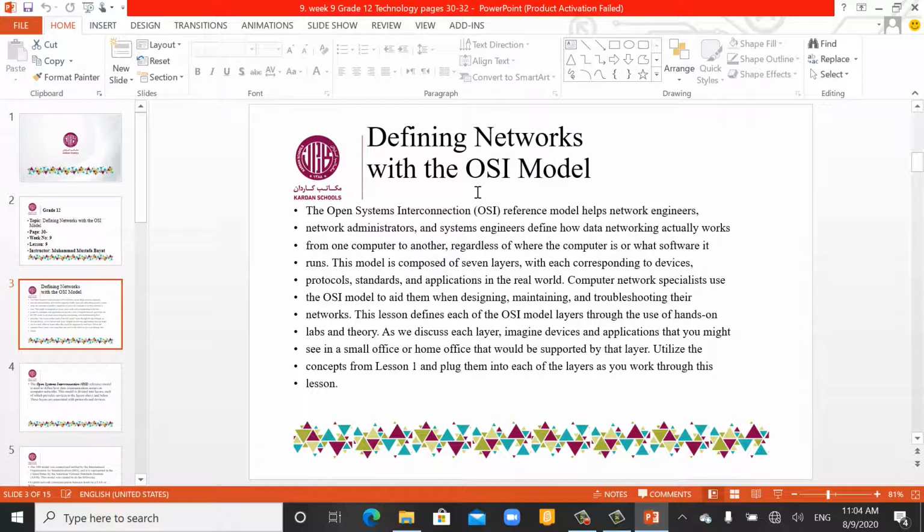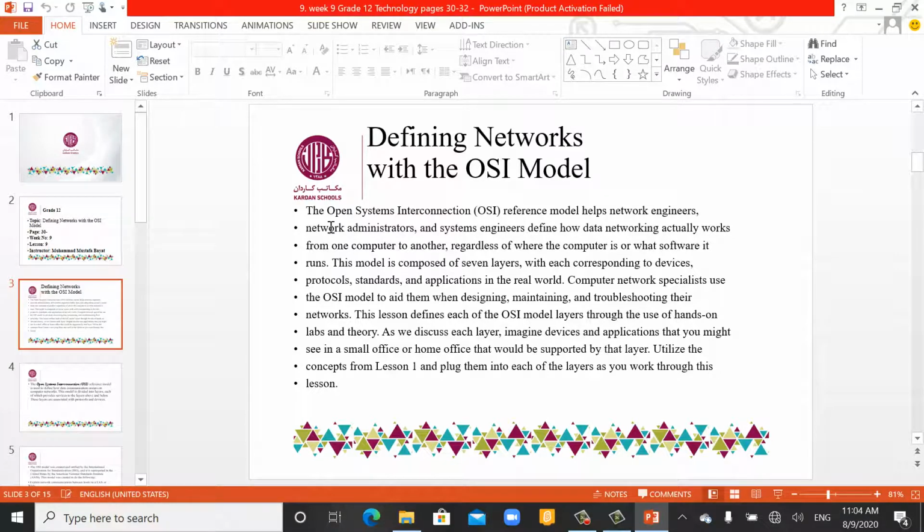First of all, what do you think? What is the OSI model? What does OSI mean? Maybe most of you are familiar with the OSI model, but let's talk in a little more detail in this very lesson.